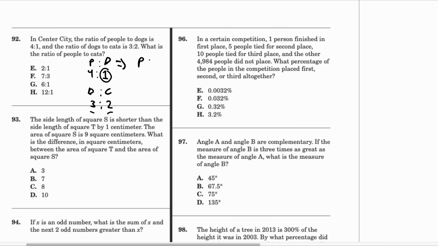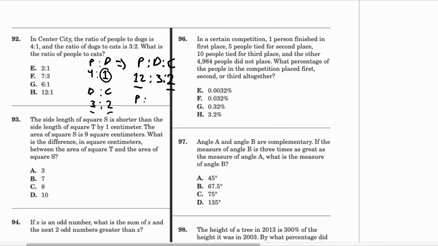So we're going to multiply both sides by 3, so we get 12 people is equivalent to 3 dogs. And since 3 dogs is equivalent to 2 cats, we can just append that here. So for every 12 people, there are 2 cats.